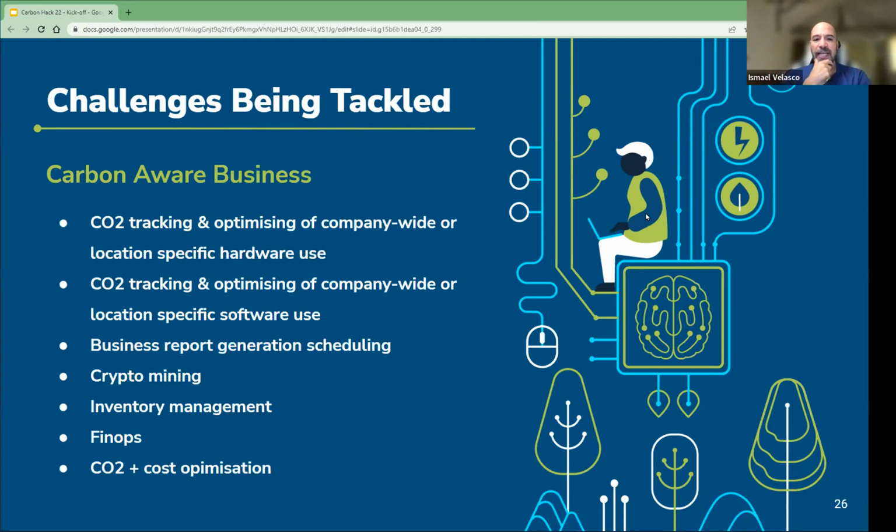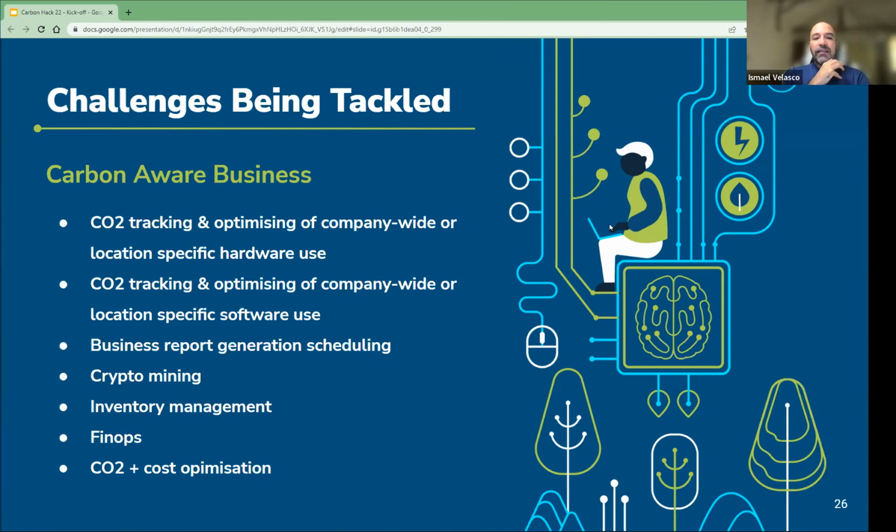Carbon aware business applications. So there are people working on CO2 tracking and optimizing of company-wide or location-specific hardware use. By using the SDK, combining with other tools to actually measure how much CO2 is being produced by each machine in your different company offices, you can identify patterns, aggregate, and distribute actual roles, job functions, company functions in a carbon aware way.